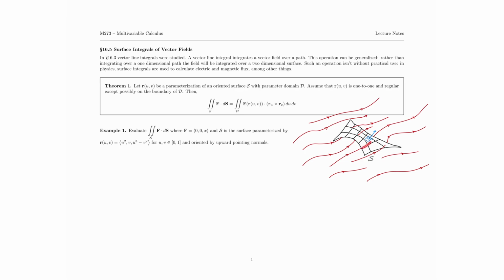Here, the field line is entering the surface on this side and then exiting the surface on the underside that we can't see. So this blue normal vector is an arbitrary choice. We can orient our surface with a normal vector on this side, or we could orient our surface with a normal vector coming underneath of it.